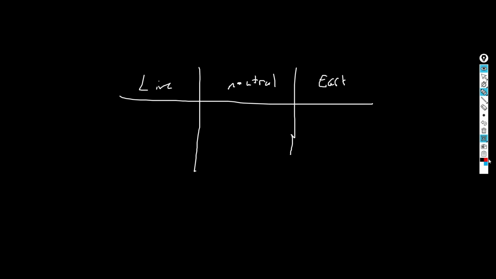So live, it's either red or brown. Neutral, it's either blue or black. Earth, it's yellow, or green plus yellow.